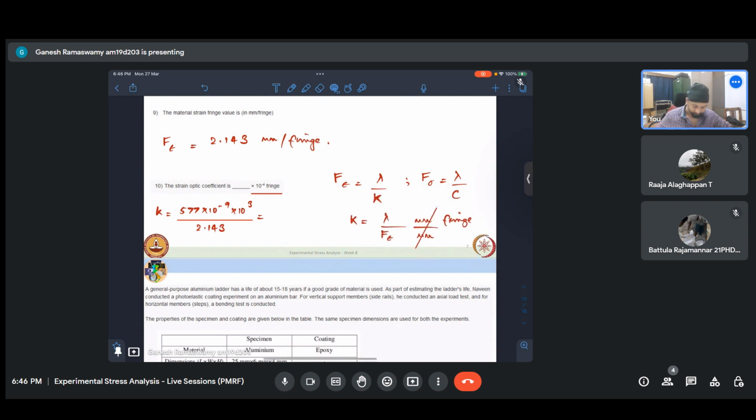So this comes out to be 577 into 10 power minus 6 upon 2.143, which comes out to be 2.69 into 10 power minus 4. We need not account for this 10 power minus 4 since that is already given in the question. So we just report the value that we have got.